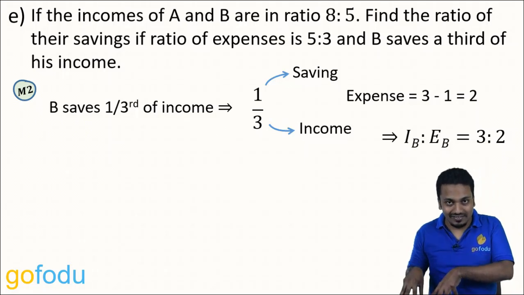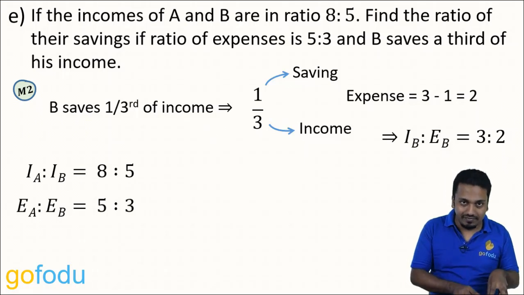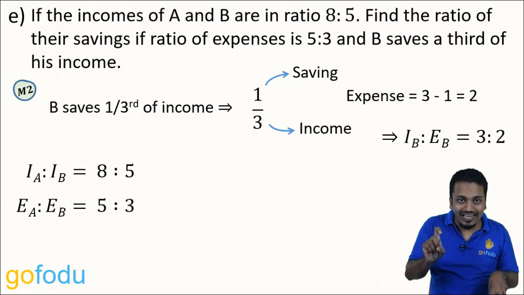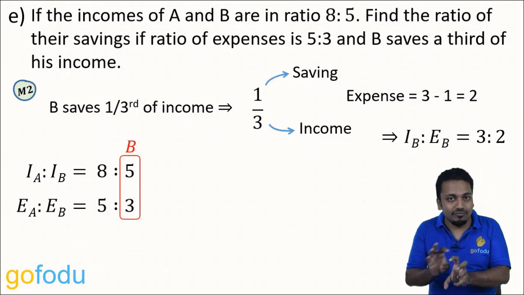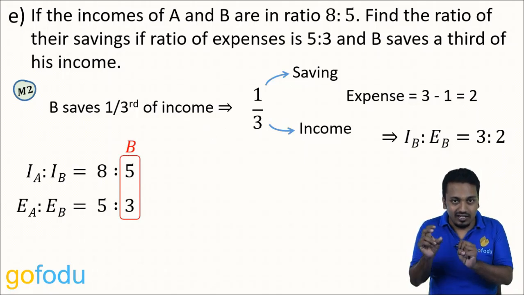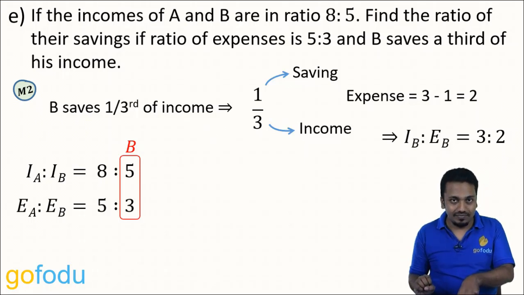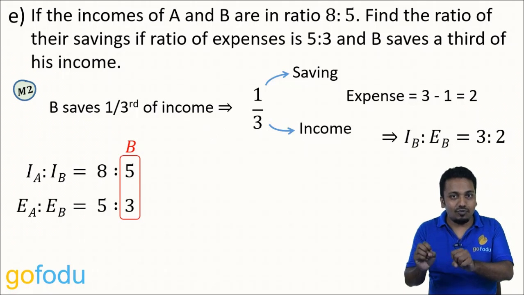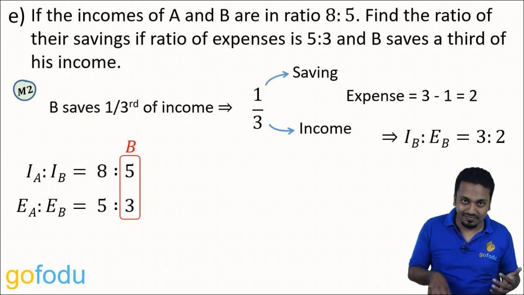But in the question, we are given the income and expense ratios of A and B. If we look only at the second term for both the ratios, the ratio value representing B is 5 for income and 3 for expense. We want this ratio to be 3:2.